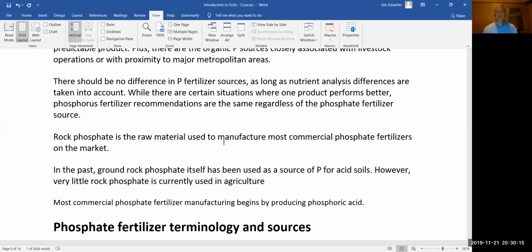Anhydrous ammonia is a raw material that's utilized under the label of conventional agriculture, which is a system of agriculture.